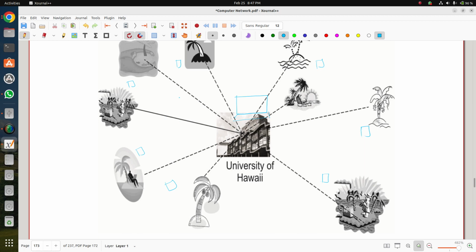Suppose you want to do certain computing through this computer, you need to send your message using wireless to this machine, and also suppose that at the same time a message comes from a machine on this island. Both signals will collide here if they are transmitting at the same time.